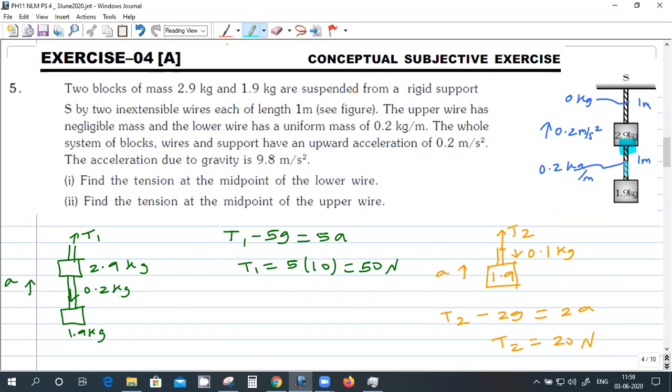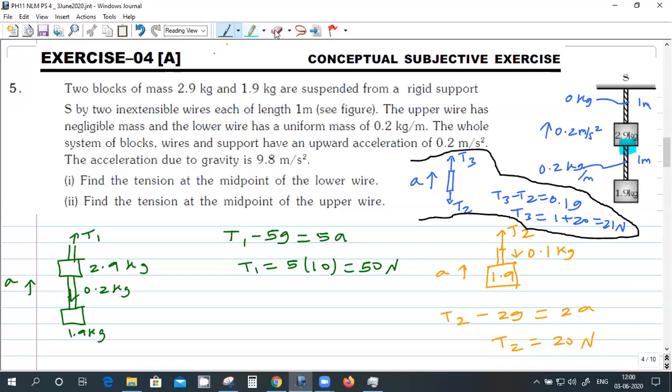Can you find the tension just below this 2.9 kg, at this point where I mark by blue?